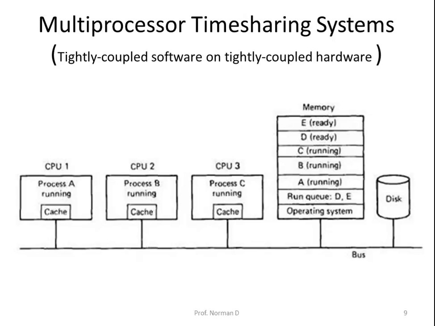The key characteristic of this class of system is the existence of a single run queue. The run queue is a data structure kept in the shared memory.